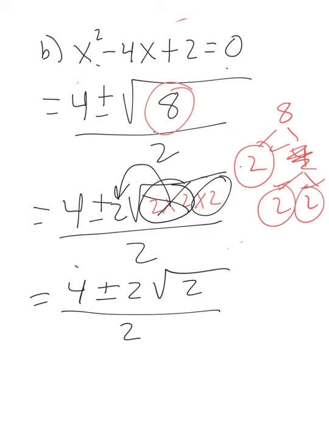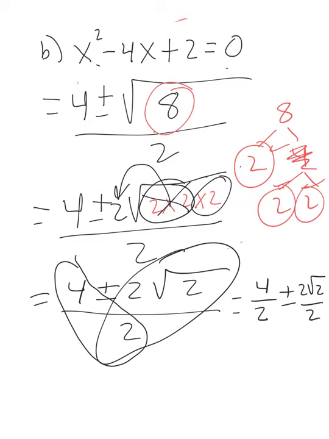If both of the numbers on the top are divisible by the number on the bottom, or if there's a greatest common factor other than 1 that goes into all those numbers, that means you can simplify further. If you're not sure if you can simplify further or not, feel free to break it up like I just did into 2 separate fractions. It's a little bit easier to see that way.